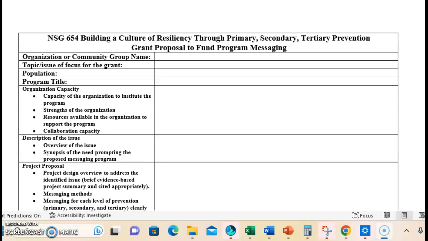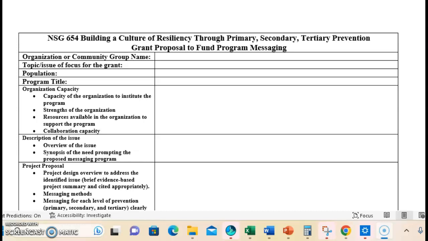Remember that health messaging is a campaign to reach a larger audience. With evidence-based health messaging, it's important to look at the evidence-based practice behind health messaging for your particular population and your particular health issue. So, will the message be spread through a pamphlet?